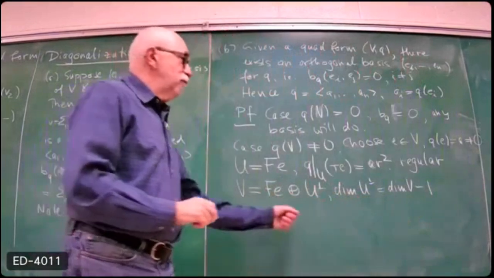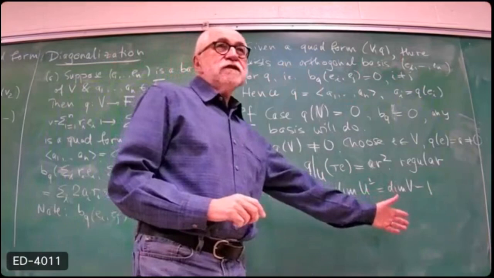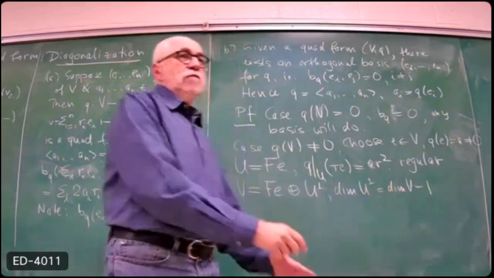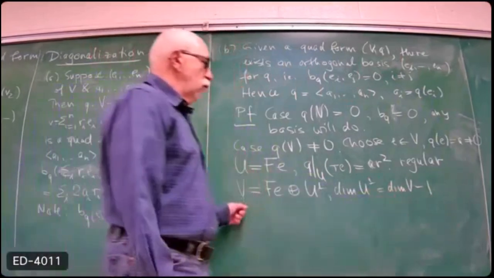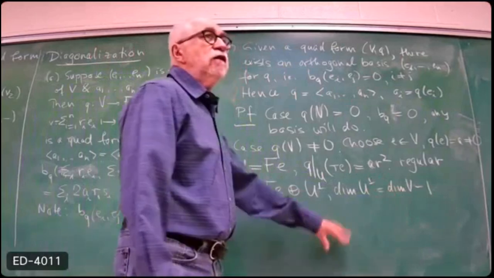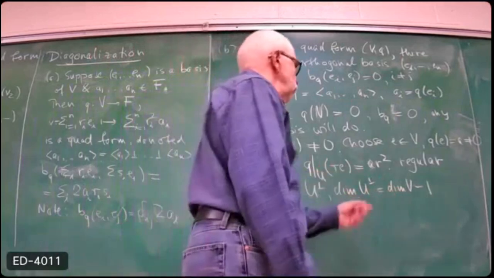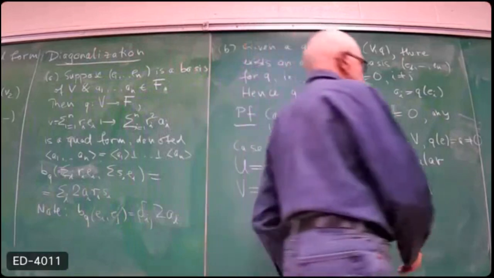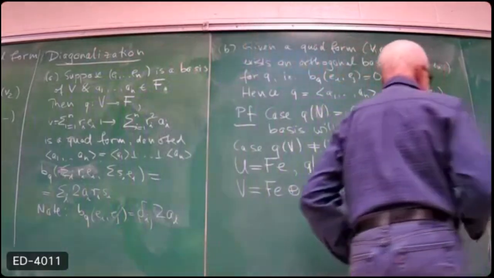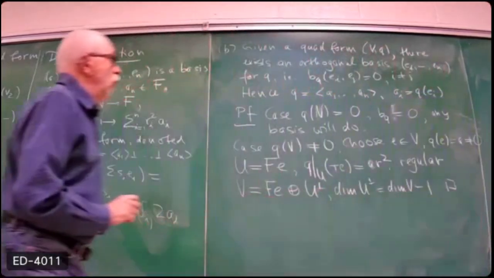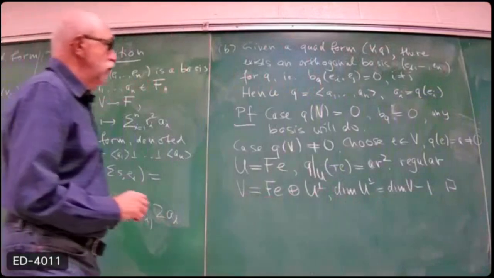And either you have proven the result for lower dimensions and you can use it, or you repeat this process for U perp, and eventually you are done. Okay, so this is useful.